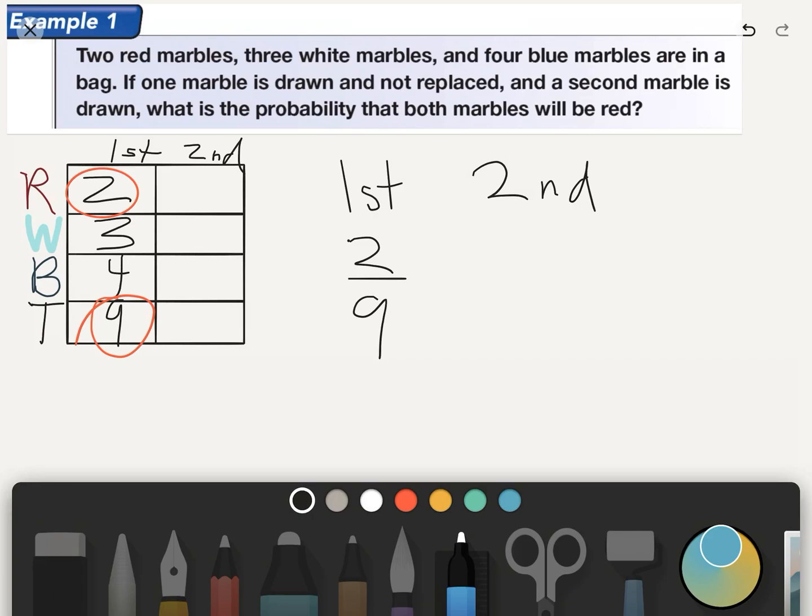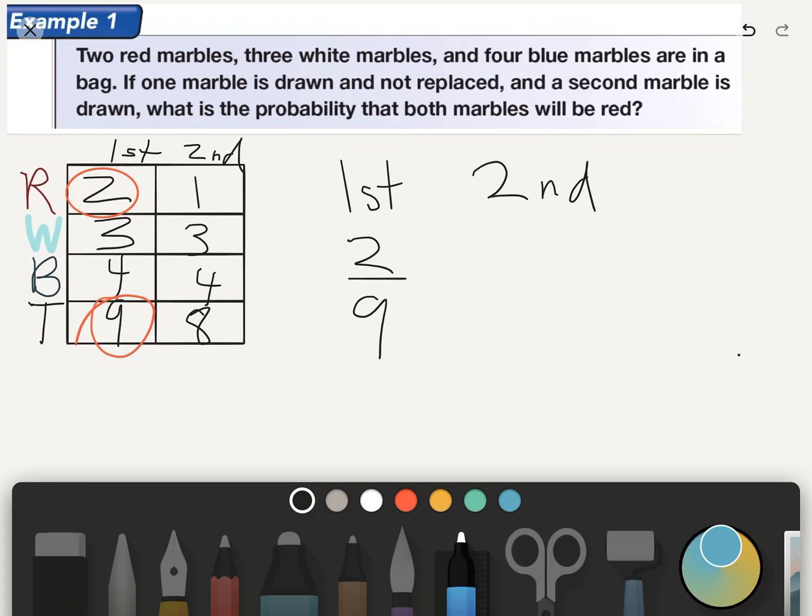Because now, say, if you have successfully drawn your first marble and are going for your marble drawing boss level, then on your second drawing, there will only be 1 red marble. Everything else stays the same, except for your total, which is also missing the red marble.